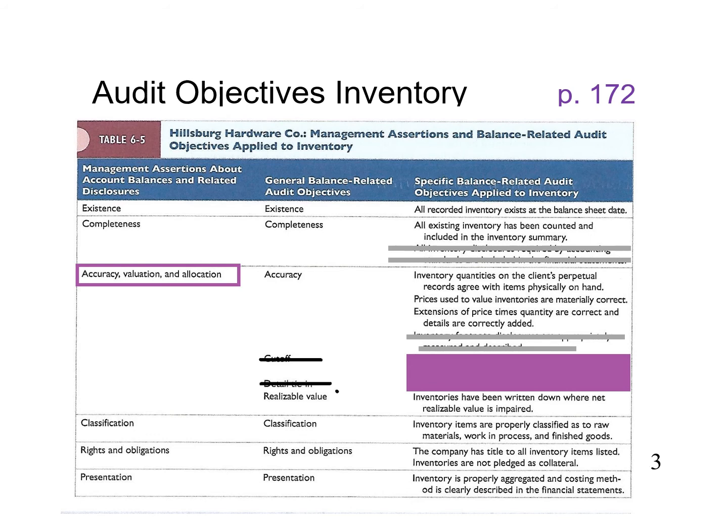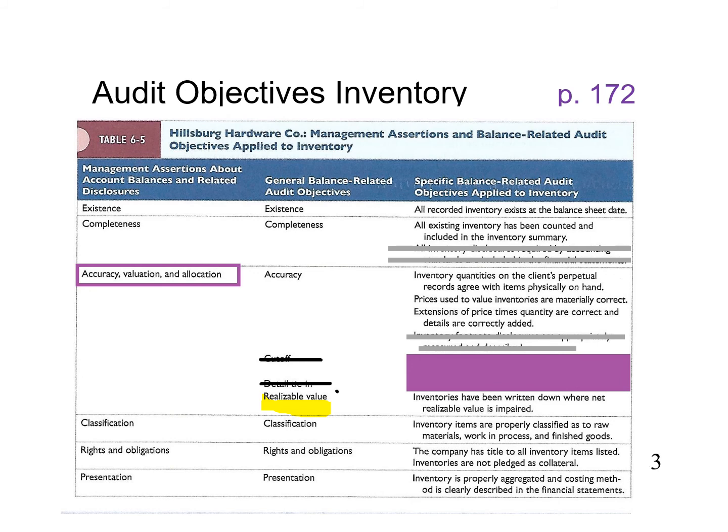The extension of cost times quantity is correct. Down here, there's the realizable value. And that's because inventory is recorded at lower of cost or net realizable value, if net realizable value is less.